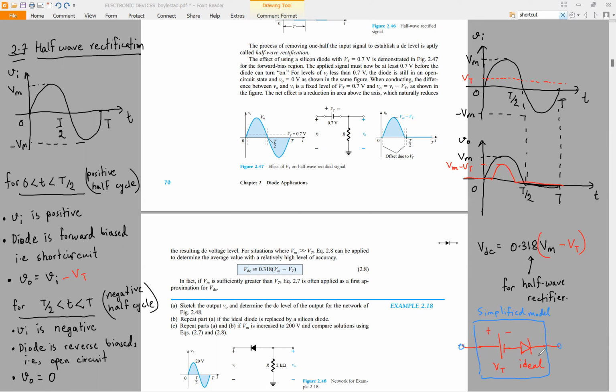This simplified model will turn on when Vi is greater than the threshold voltage. So just remember that this simplified model of the diode will turn on when Vi is greater than the threshold voltage, and the output will be this red curve. The black curve is for the ideal diode, and this red curve is for the simplified diode.